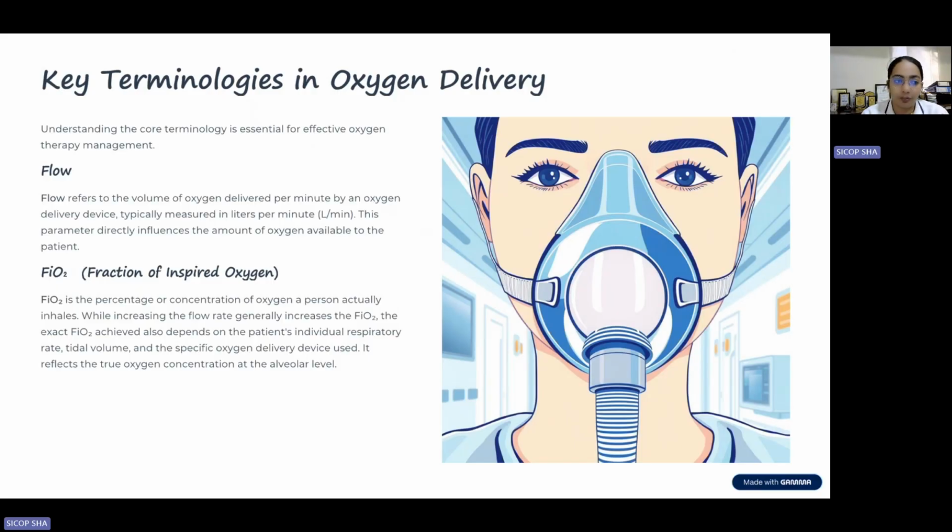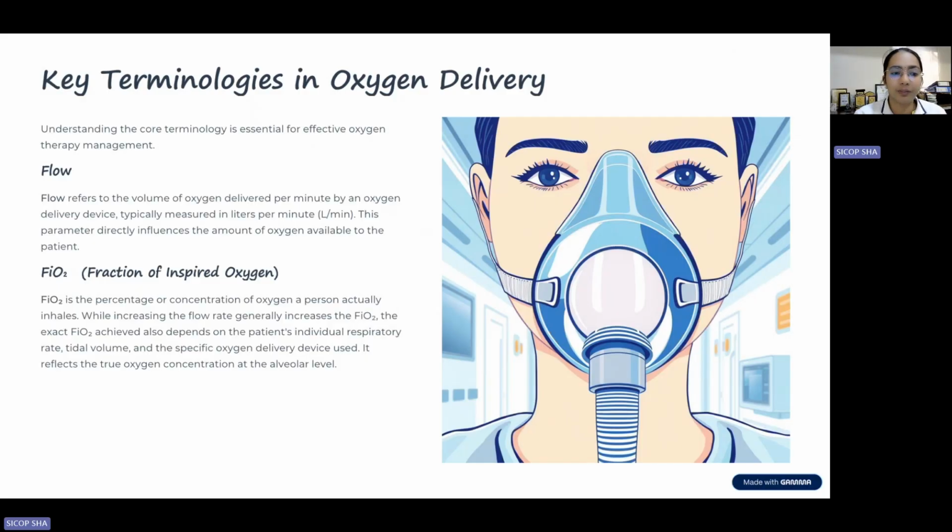Then comes FiO2, the fraction of inspired oxygen. FiO2 is the percentage or the concentration of oxygen available in the air that we are breathing in. When we are on room air, the concentration of oxygen in the atmosphere surrounding us is 21%.